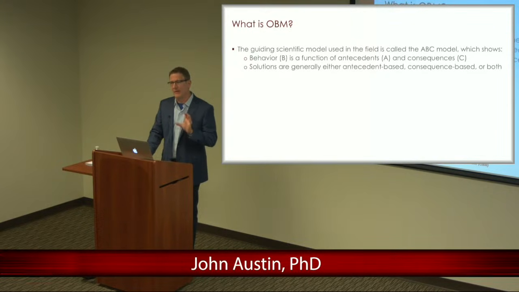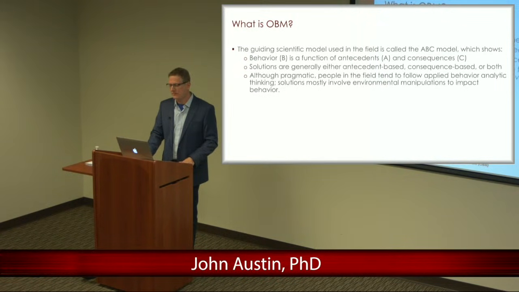So solutions are either antecedent-based, like I'll show a study later in this talk, building awareness, so that might be an antecedent-based solution. It's typically not as effective as consequence-based solutions, which might include feedback and reinforcement. Or it could be both.